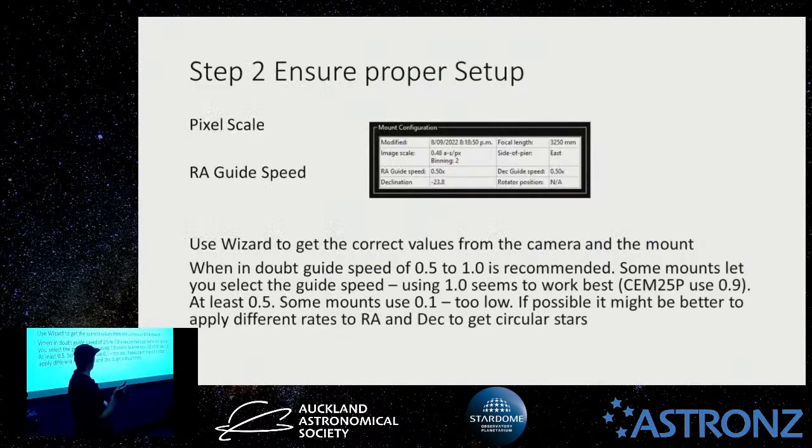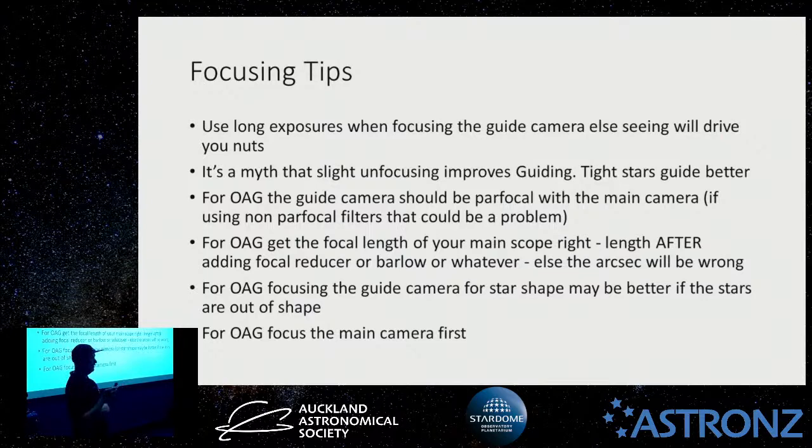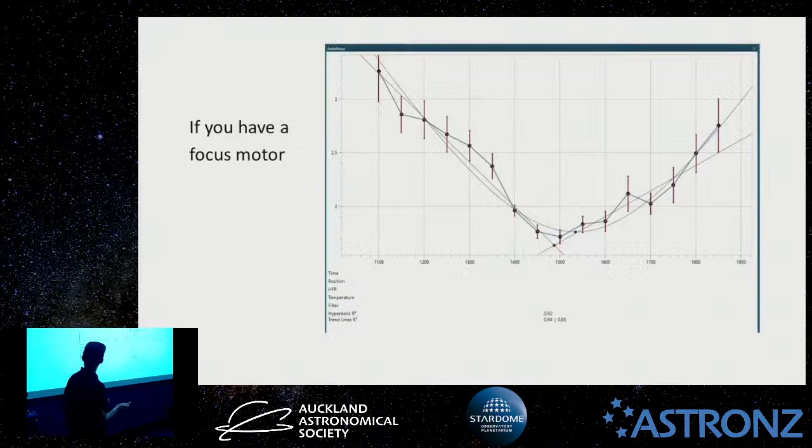So that's advanced stuff if you have an off-axis guider. And most people don't start with an off-axis guider, they start with an off-axis telescope, so they're using 2 telescopes. If you have a focus motor, you can focus the main camera and then plug in the focuser for the guide camera and focus the guide camera and hope that they both focus in the same place.